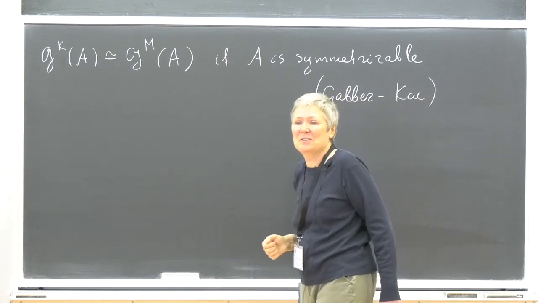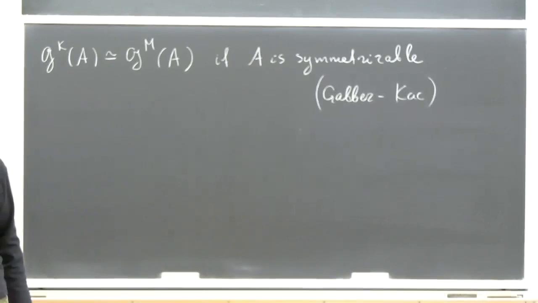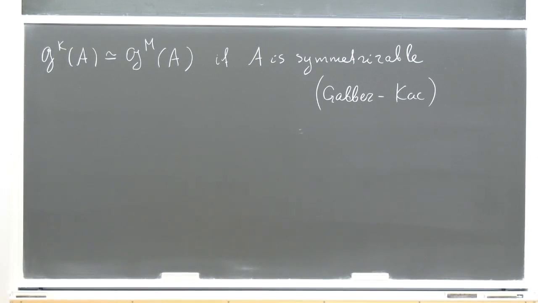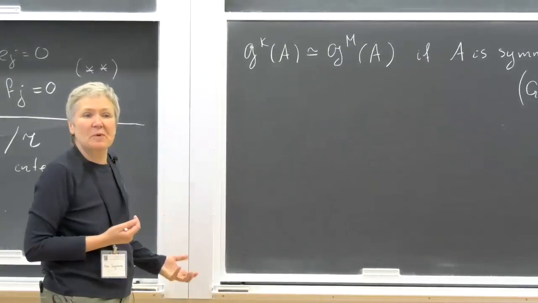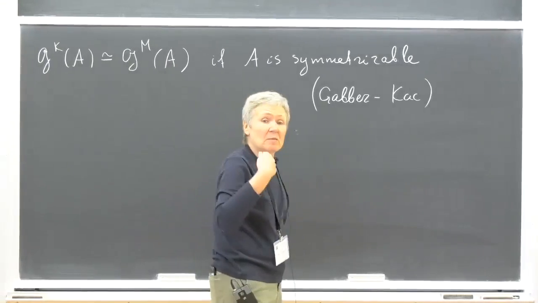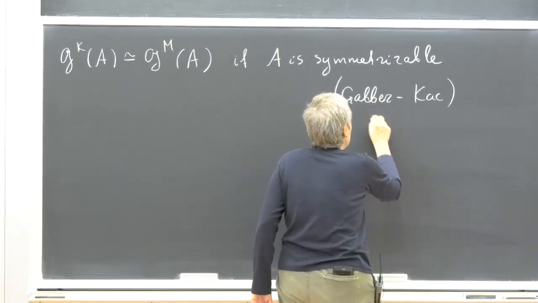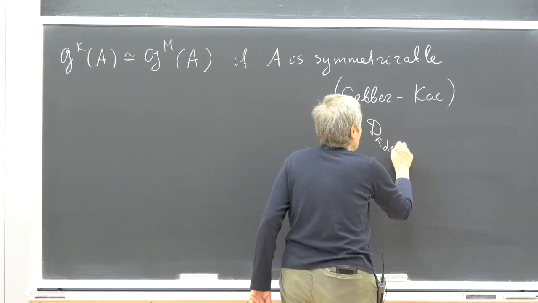So Gabber and Kac proved that these two give you the same algebra if the matrix is symmetrizable. What does it mean that it is symmetrizable? You can multiply it by a diagonal matrix and make it symmetric.